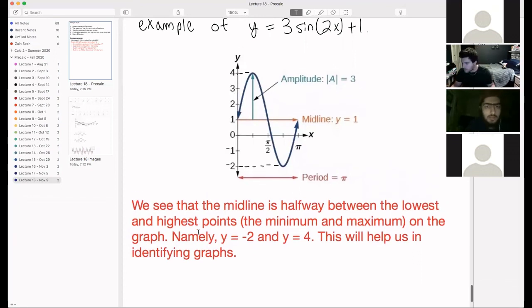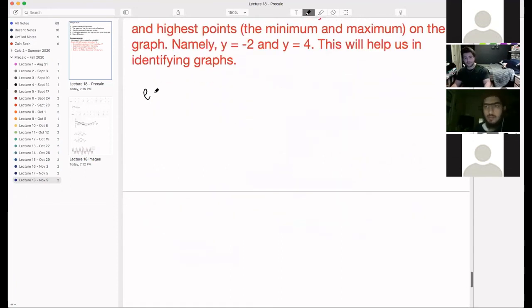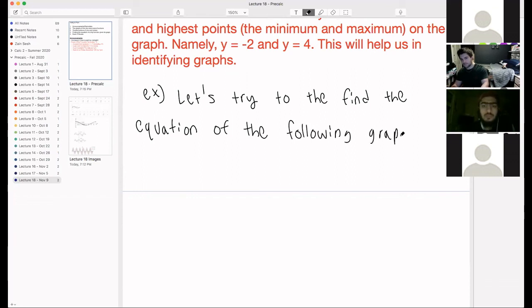Okay, we're going to go to an example now. Let's try to find the equation of the following graph.